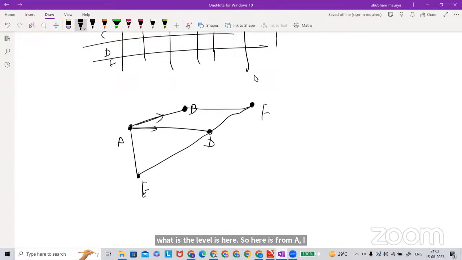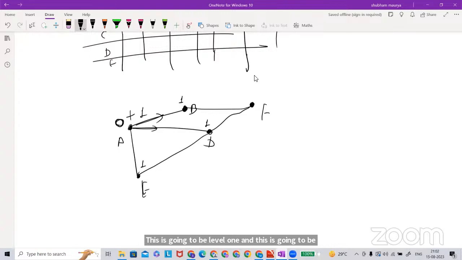From A, I can visit E, D, and B. If you assume the starting point's label is 0, then whatever vertices we visit from it, the label is always that plus 1. So B is going to be label 1, this is label 1, and this is label 1.